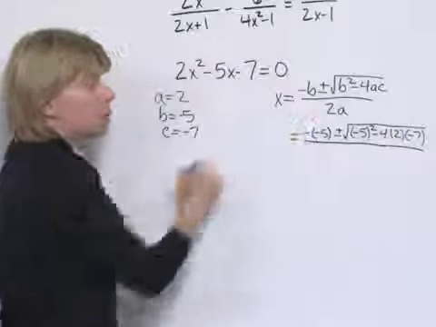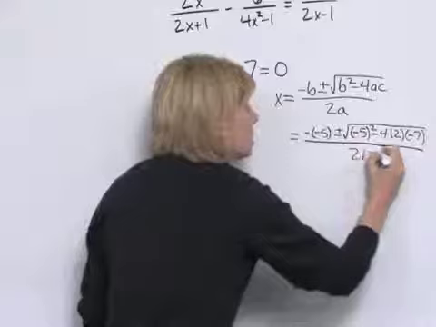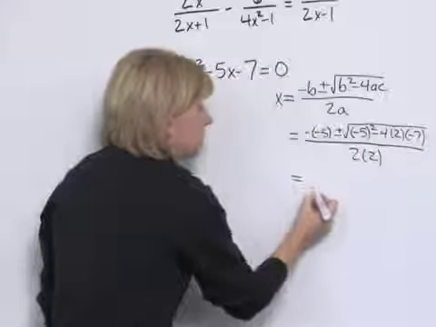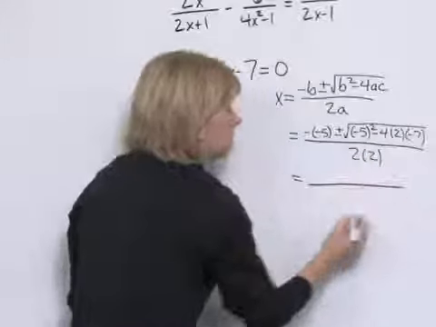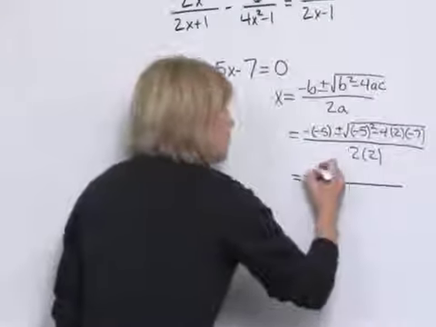And in our denominator, 2 times a, 2 times 2. Let's go through and simplify this. This is really a positive 5.